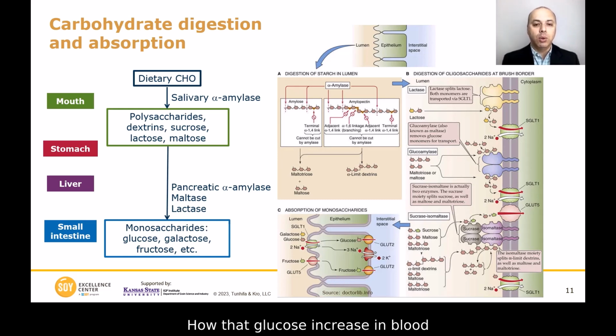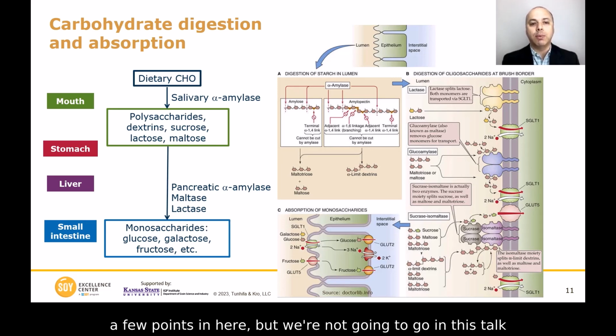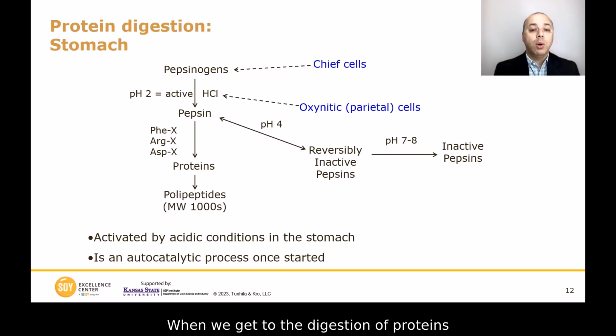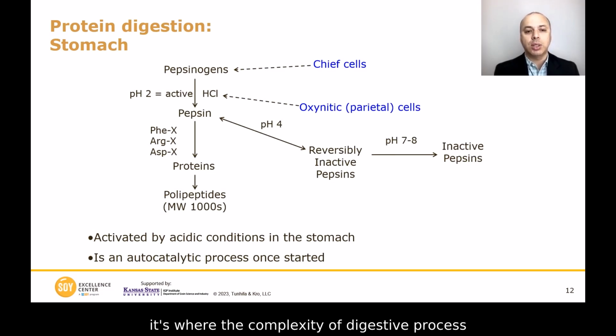How that glucose increase in blood produces an increase in insulin, and how that insulin stimulates tissues to take up that glucose from blood. There are a lot of metabolic processes that take place, and I just want to illustrate a few points in here, but we're not going to go in this talk into full detail in terms of carbohydrate metabolism.